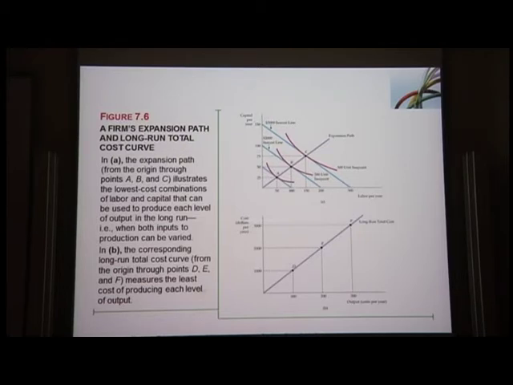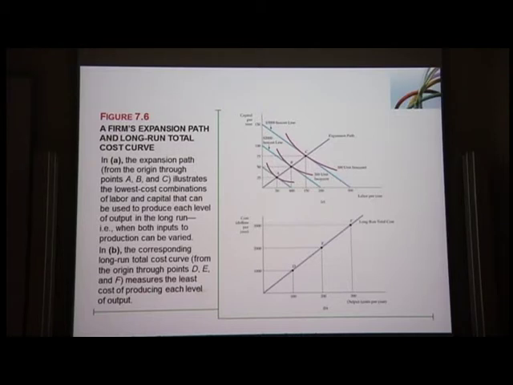You've got 3 expansion paths there, which are those blue isocost lines, and then you've got 3 isoquants, and the 3 isoquants indicate different output. Isoquant A is 100 units, which is not illustrated on the diagram.